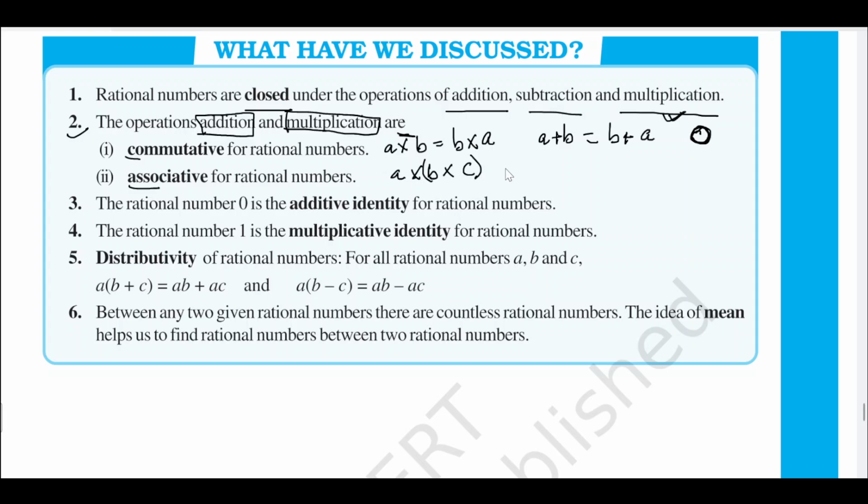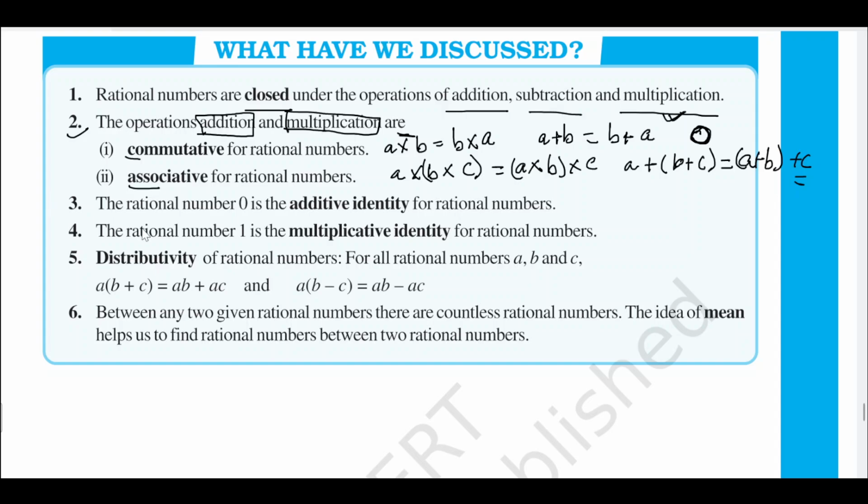A into bracket B into C is equal to bracket A into B inside into C. Similarly, for addition, the associative property holds: A plus bracket B plus C is equal to bracket A plus B inside plus C.